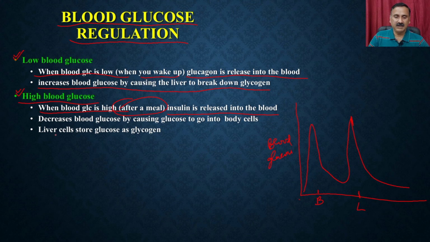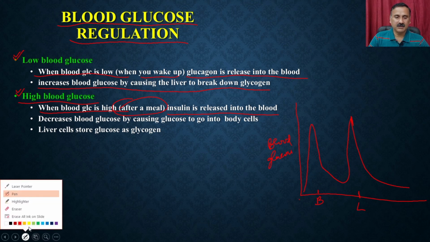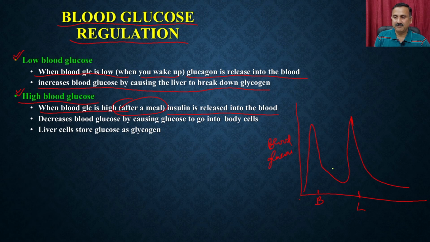Now, if you see how the insulin level goes, the insulin level goes like this. As soon as the blood glucose level goes up, the insulin level also goes up like this, and then there is a decrease in the insulin level. Then it goes up like this, and then there is a decrease in the insulin level.